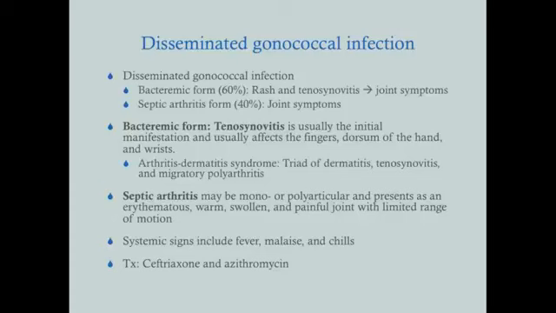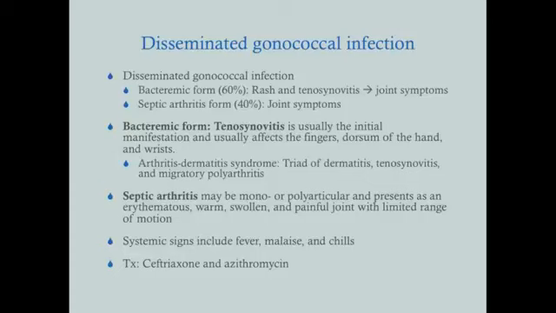So we really want to go after where you're going to have more sensitivity, and that's going to be in the cervix in this patient. If it were a male patient, you could go after the rectum, throat, and obviously we're always going to get blood cultures too.